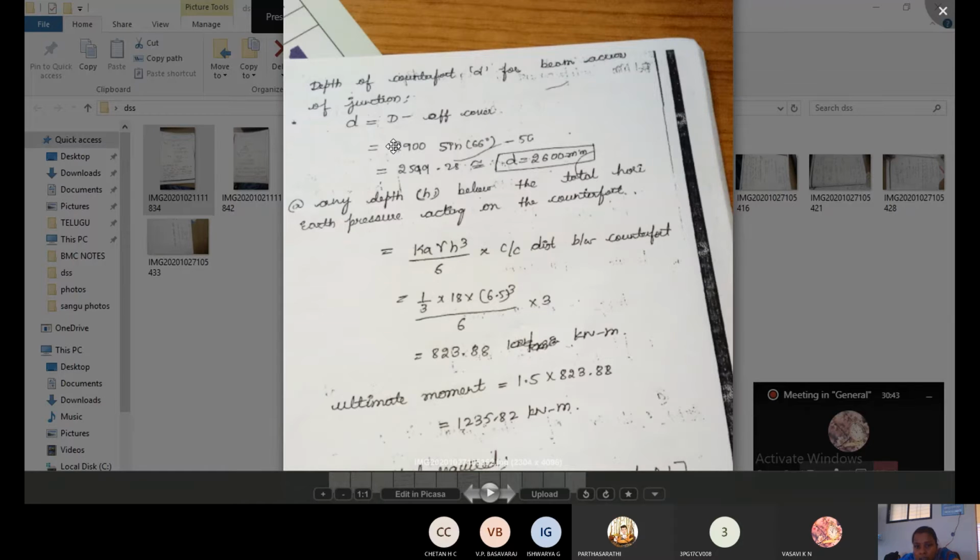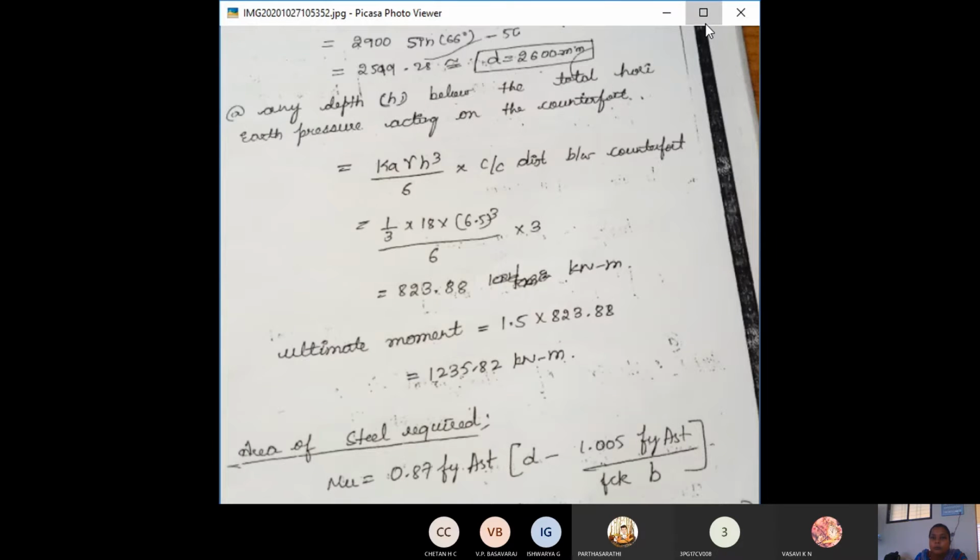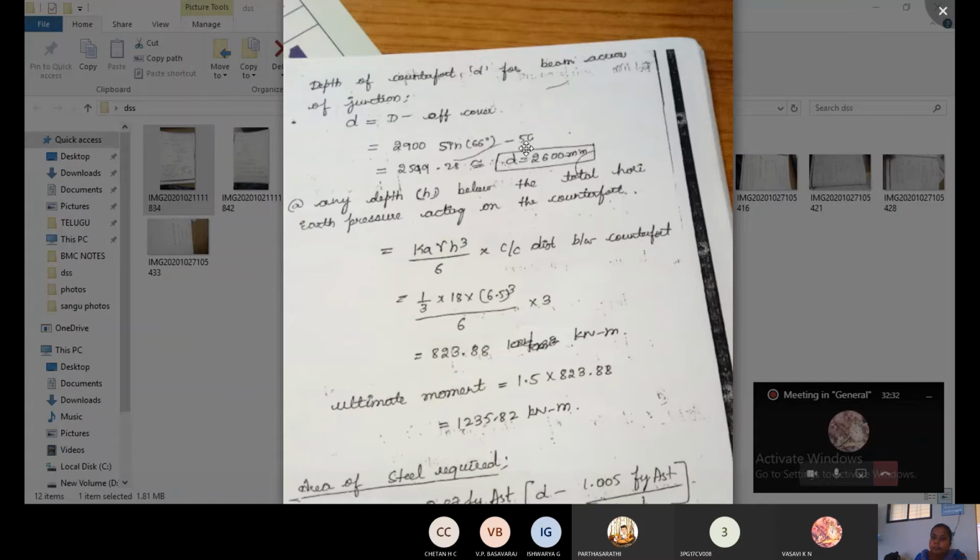So the d value is 2900 minus sin 66 degree. Next, effective cover is 50, we will take for assumption. So after the calculation and simplification, you will get 2599.28, which can be approximately taken as 2600 mm.